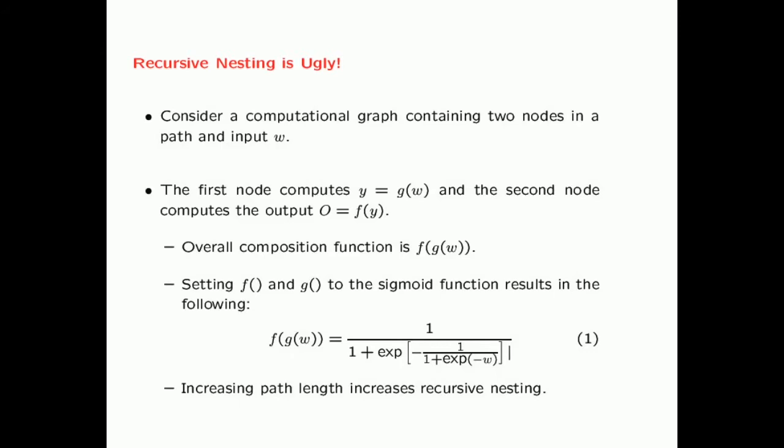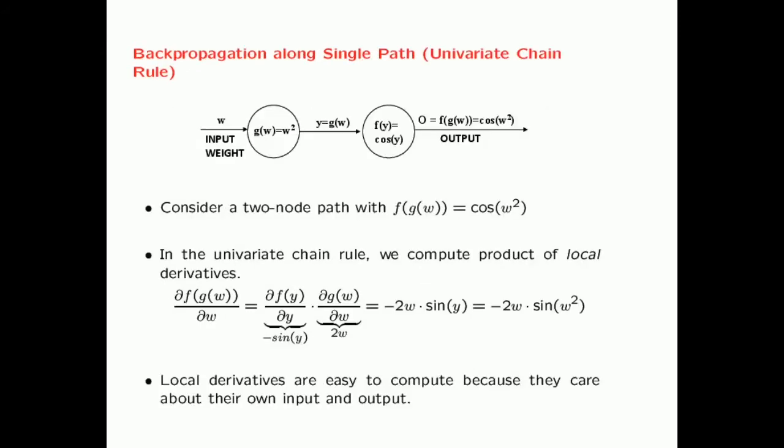If you had to differentiate it, it probably can be done. It's just a bit ugly to do. In general, a computational graph of a neural network will be a lot more complicated than a computational graph containing just two nodes, which is what I showed you. And increasing the path length will increase your level of recursive nesting, which makes it more difficult.